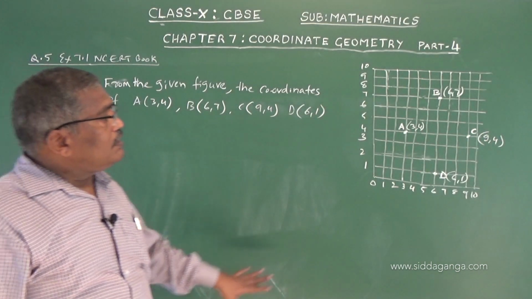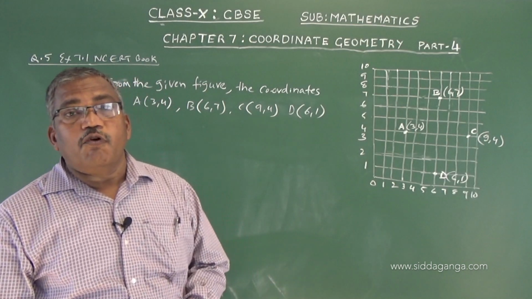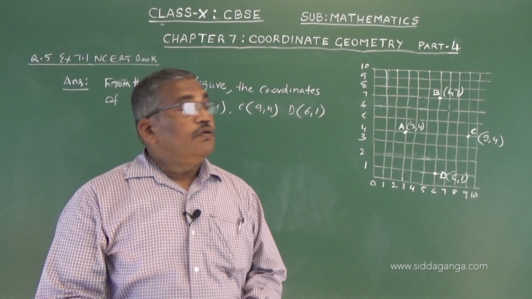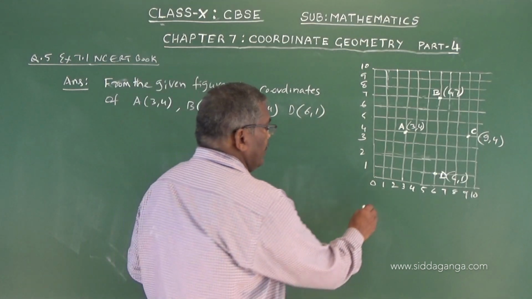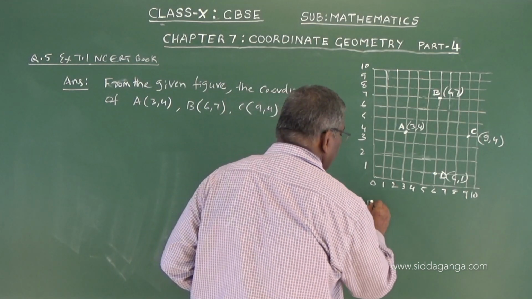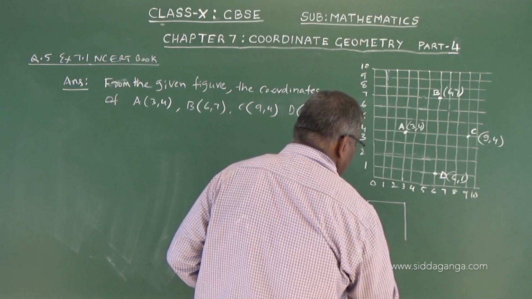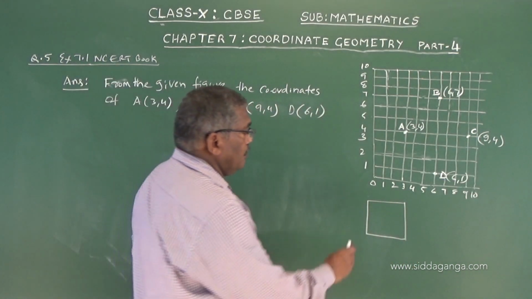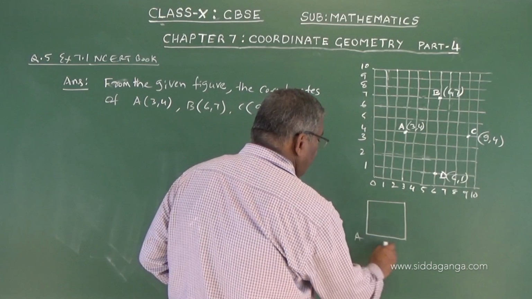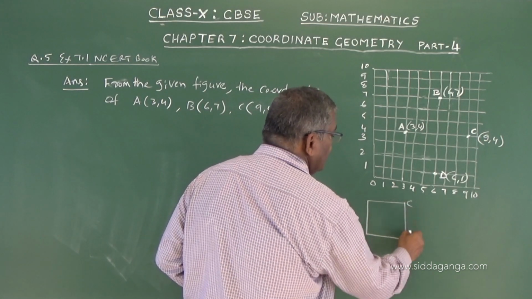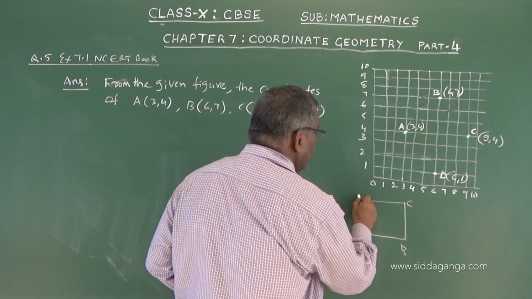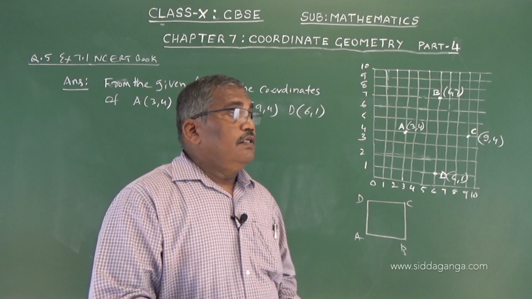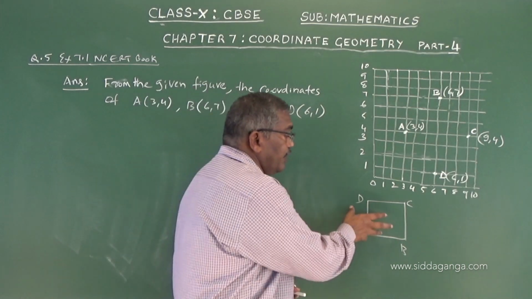Now the question is whether these 4 points form a square or not. For a square, you should know all the 4 sides must be equal. So AB must be equal to BC, equal to CD, and that is not sufficient, as it may be a rhombus also.